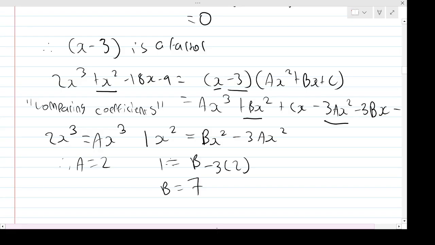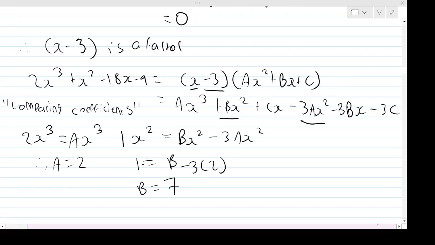Okay, so I found a and b. Now I just need to find c. Now I could say, let's compare the x term, so minus 18x. But actually, I can make my life easier, because what about the constant term, the number on the end? That's minus 9. Well, the only number term with no x attached to it on the right side is just the minus 3c.